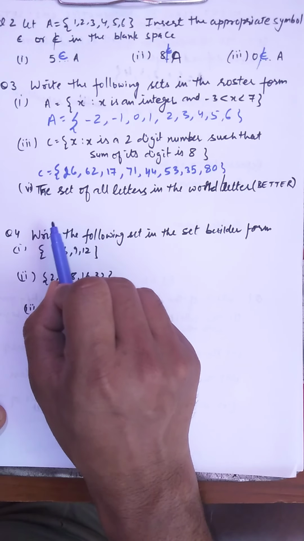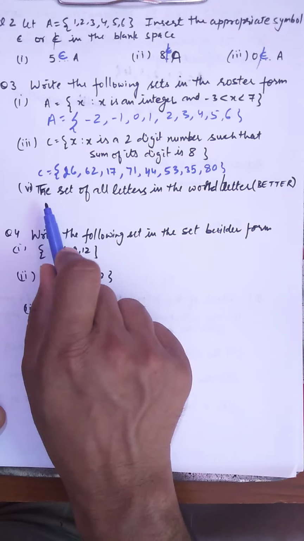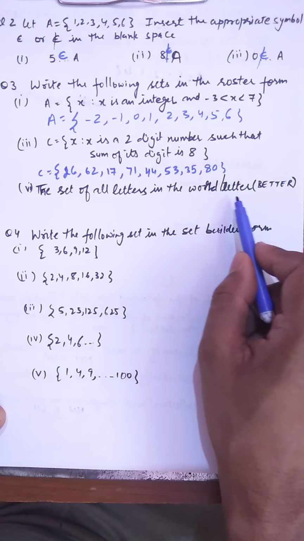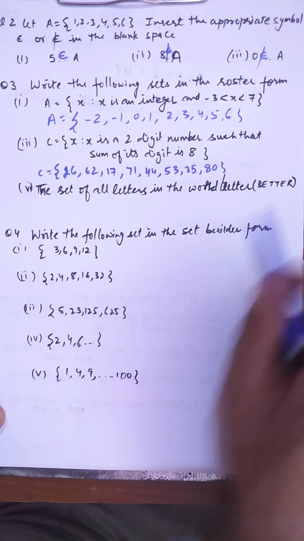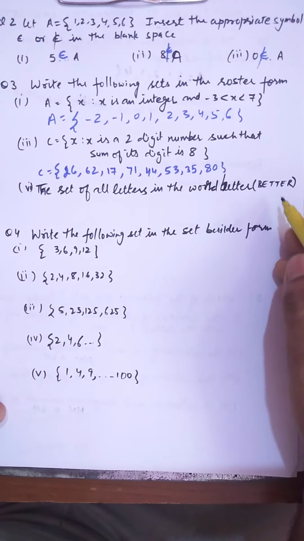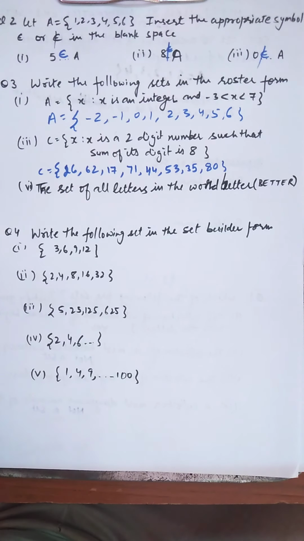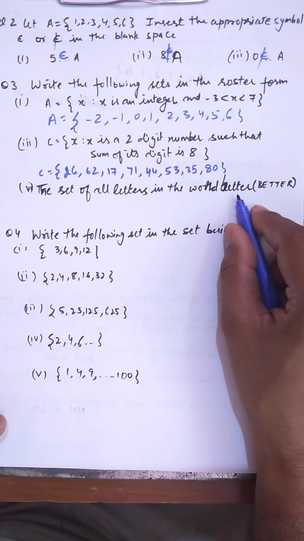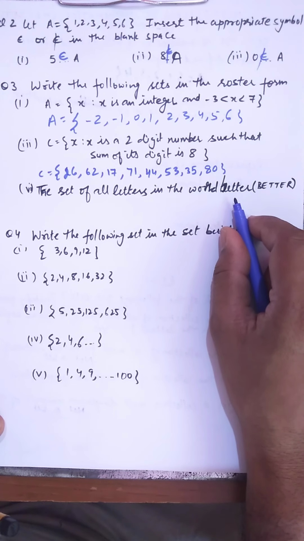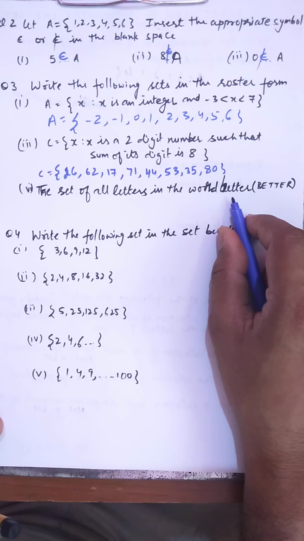Now the next, fourth part. I have taken the set of all the letters in the word BETTER, and I have written it here in capital letters also. Better: you can write all that in small letters, because earlier we discussed that usually we write elements in small letters. Usually means it's not always, but we try to follow that in normal ways.